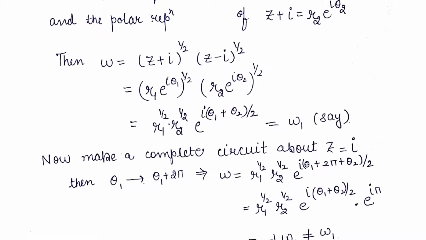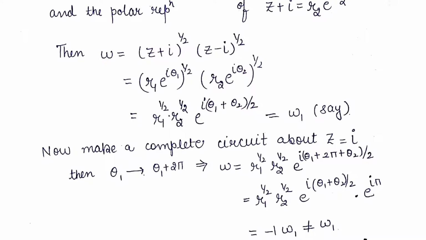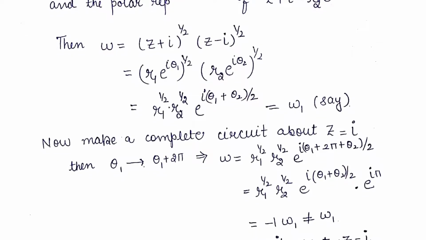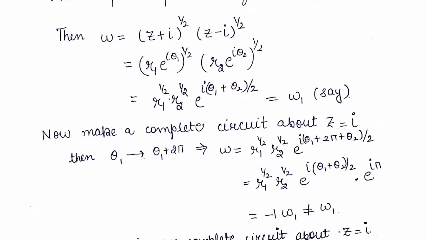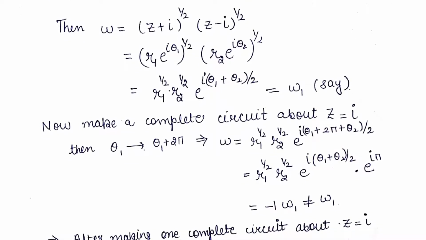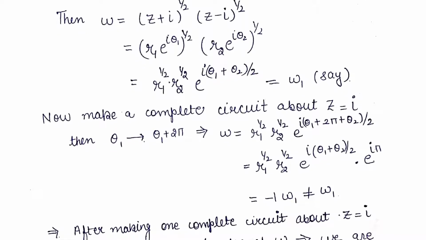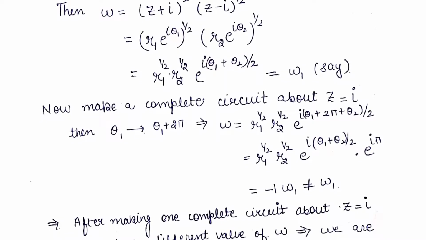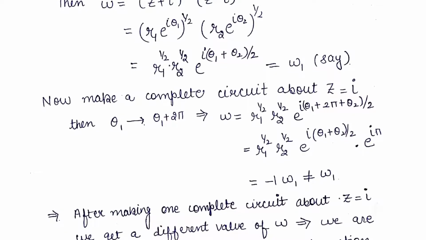Now make a complete circuit about z is equal to iota, because we want to show that z is equal to iota is a branch point. So when we complete one circuit about z is equal to iota, we get that theta 1 changes to theta 1 plus 2 pi. So we get w is equal to r1 raised to power half r2 raised to power half e raised to iota (theta 1 plus 2 pi plus theta 2) by 2.